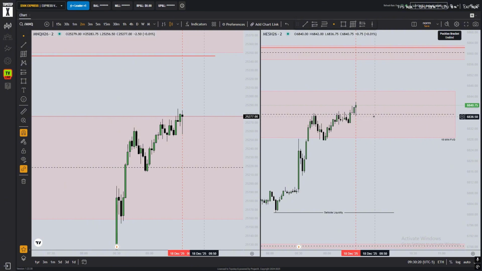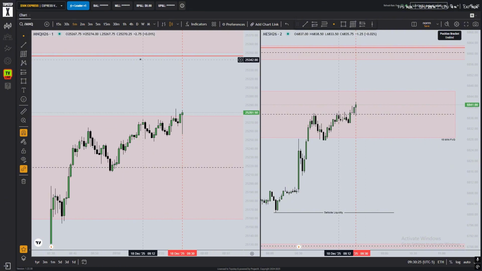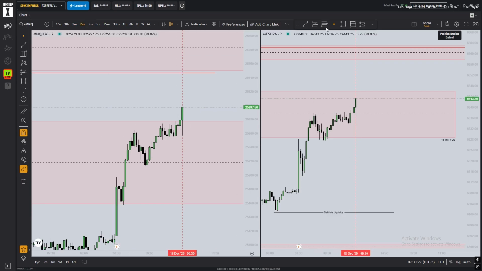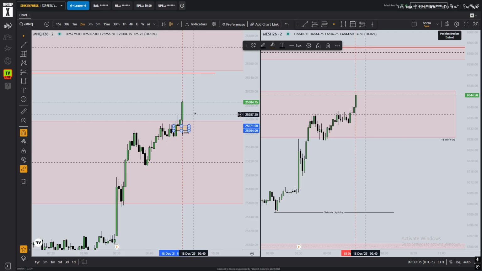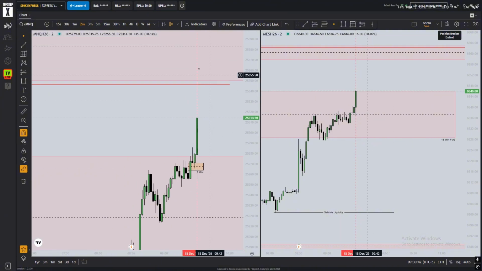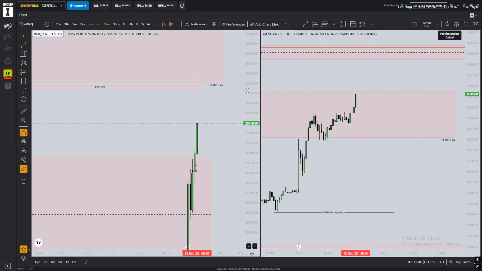It's not the trade idea, but it's what you'd want to see happen at the open. Something heavy. Whether it's a fill of this 2 minute, and then we go take out buy side, it's nice. So we filled in a 2 minute right there. We respected it. Why? Because we didn't come through and change in the state. We just tapped it, made a wick, and now we're heading towards external buy side.